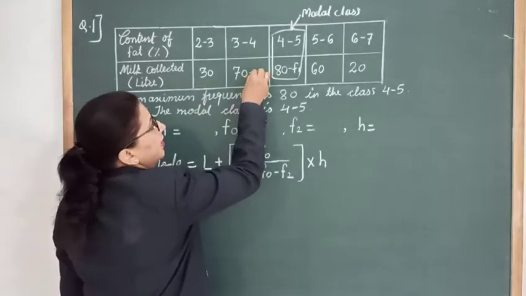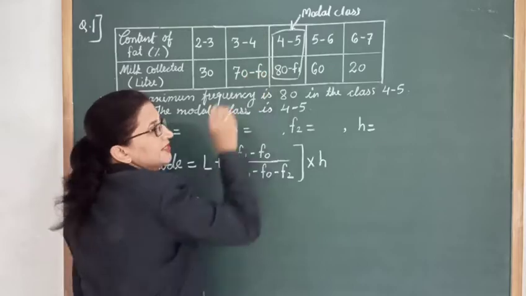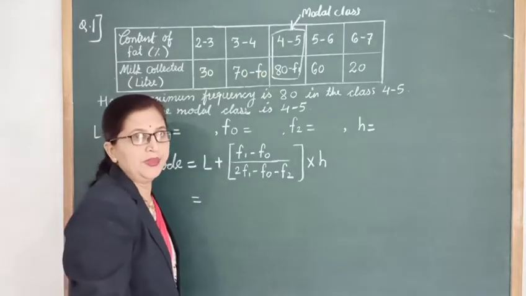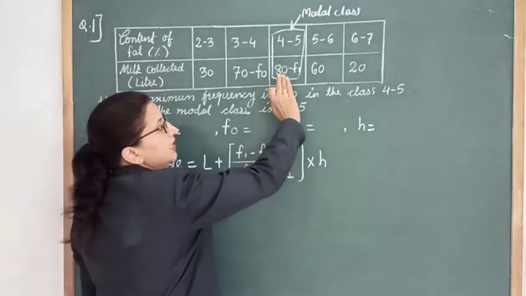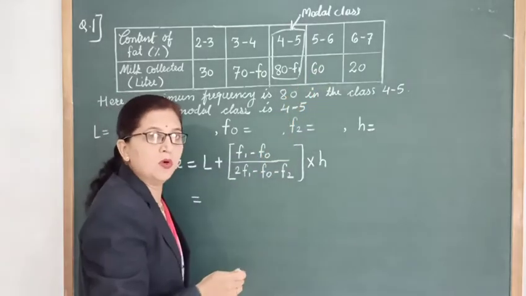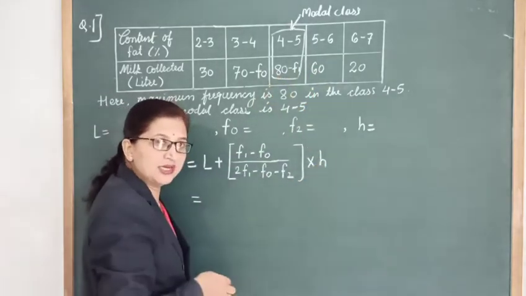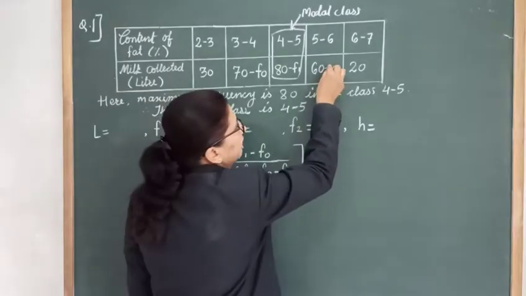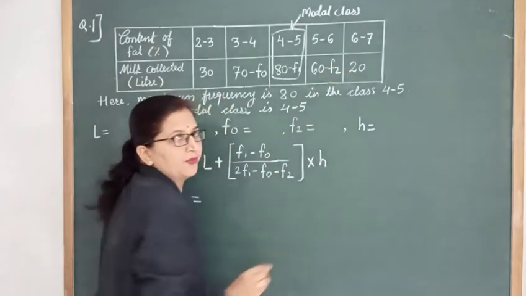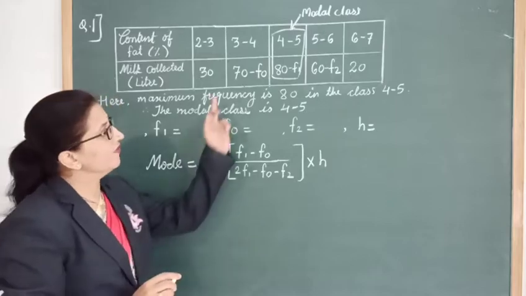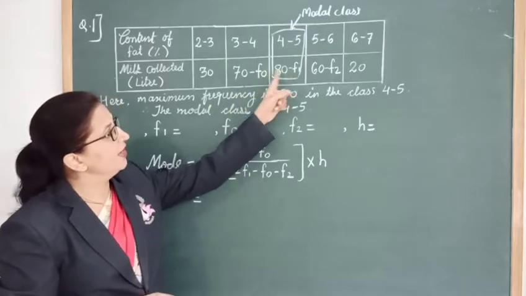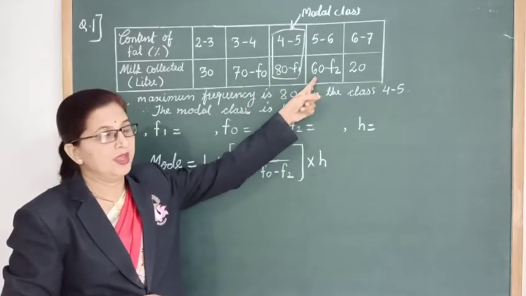This is our F0. And the frequency of the succeeding class of the modal class, the one just next after the modal class, is F2. In this way we got the values of F1, F0 and F2.